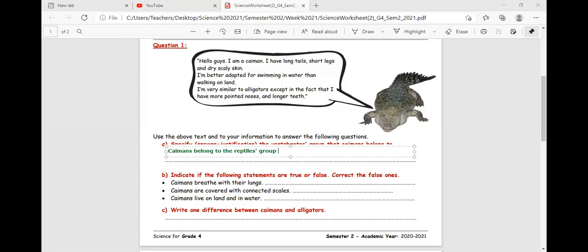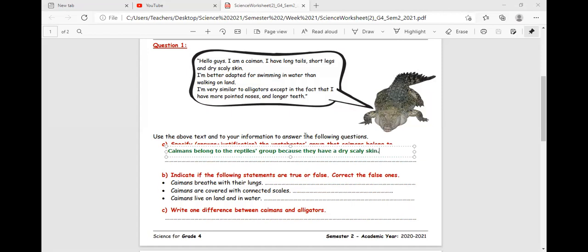Caimans belong to the reptiles group because they have a dry, scaly skin.